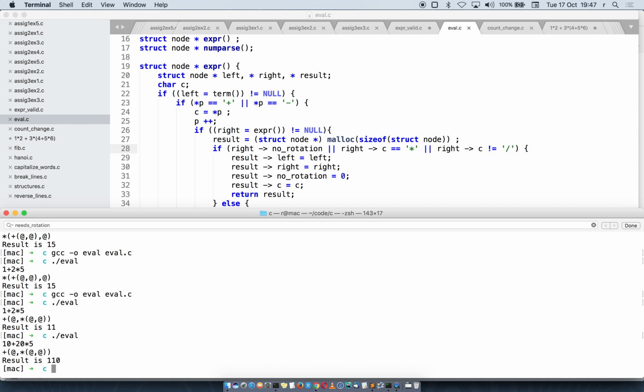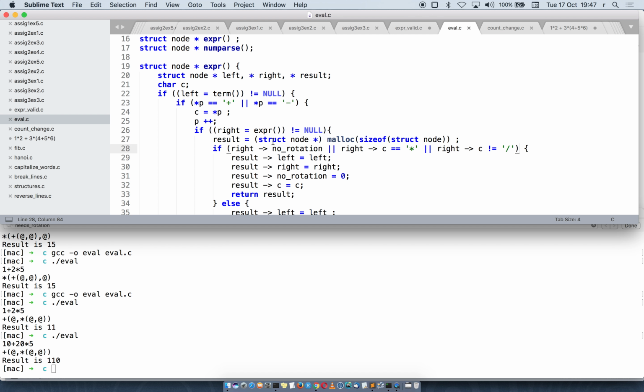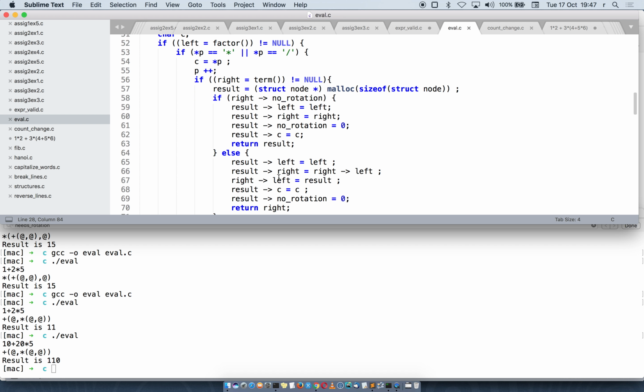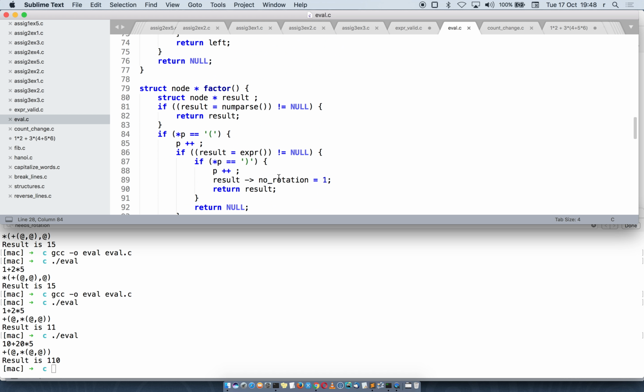How do we find rightmost of right? I'm going to do a while loop, go down here, find it. Very good. The rightmost of left. Okay? So the easiest way to do that is to write a separate function.